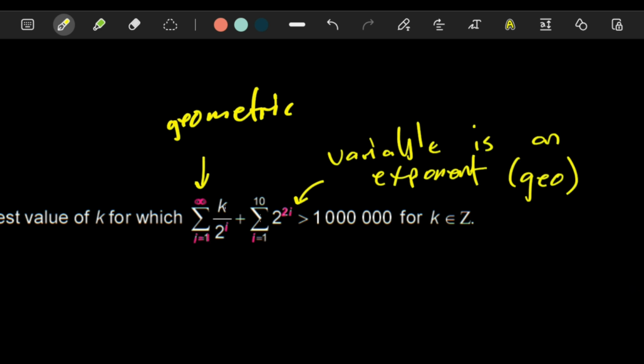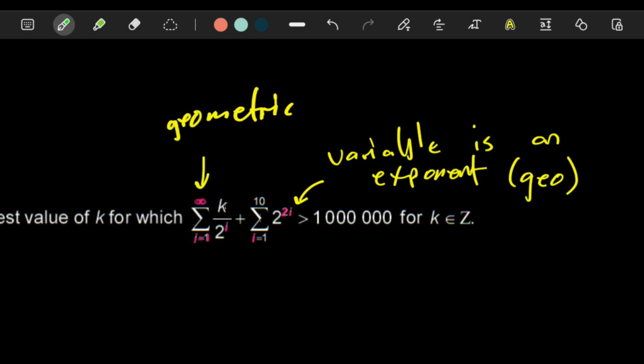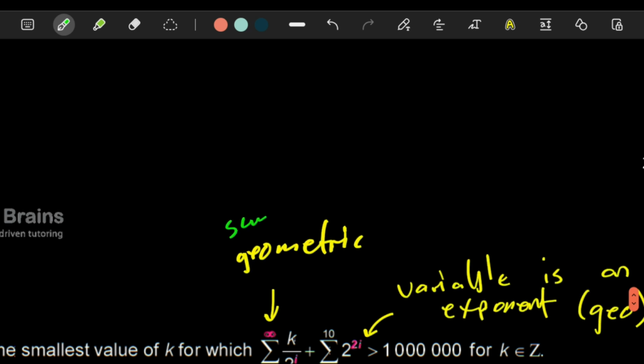Remember, anytime you see sigma, you just need to choose an SN formula to break down whatever expression you are faced with. This expression is a geometric series, but it's also clearly showing you a sum to infinity because of the infinity symbol.